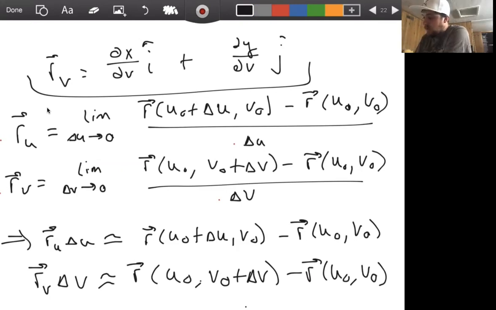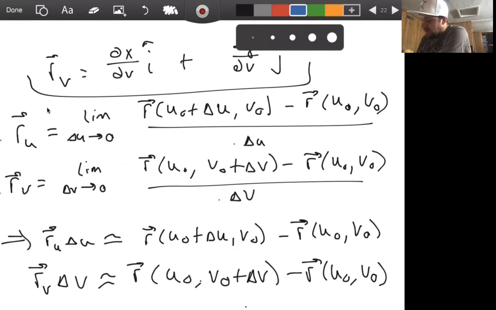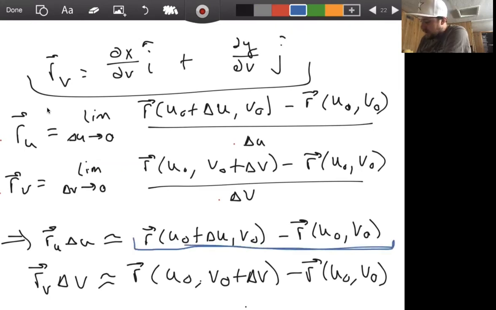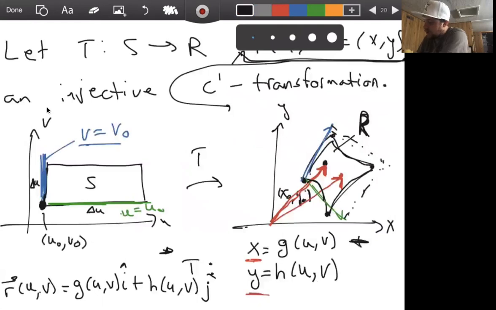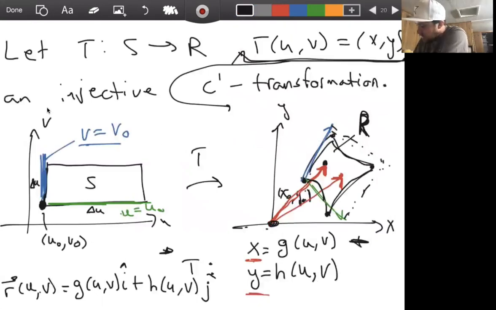Let's think about what these formulas are saying. We have r of u naught v naught, right? So what is r of u naught v naught, first of all? R of u naught v naught is going to be the vector from the origin to the point x naught y naught, because x naught y naught is the image of u naught v naught, right? So we get this vector.